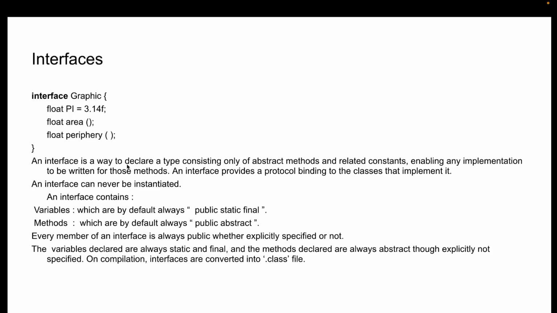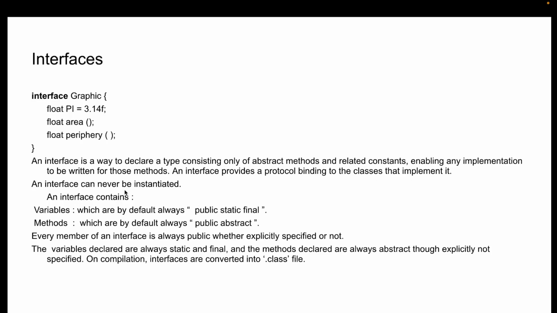An interface is a way to declare a type consisting only of abstract methods and related constants, enabling any implementation to be written for those methods. An interface provides a protocol binding to the classes that implement it.